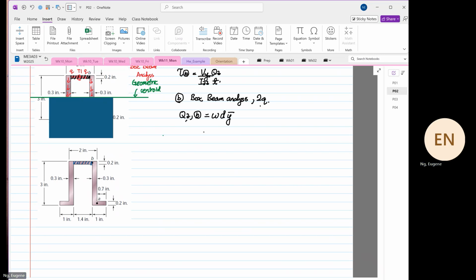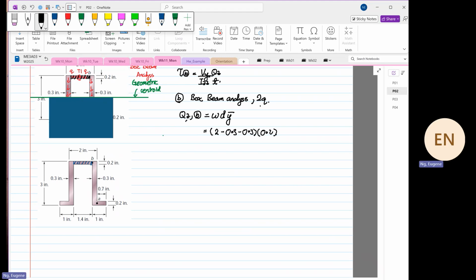The width is equal to 2 minus 0.3 minus 0.3. The depth, we are aware, is equal to 0.2.